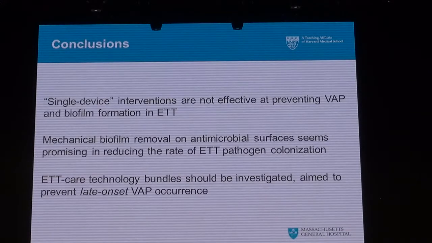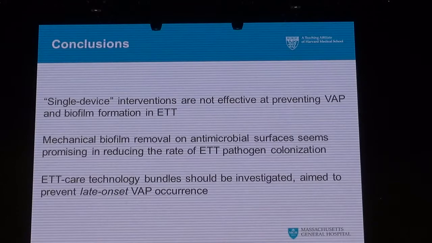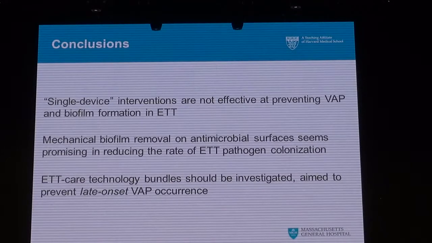In conclusion, I think that for now we don't have a single device or intervention that is effective in preventing ventilator-associated pneumonia and biofilm formation in the endotracheal tube. The only thing that has been shown was a decrease or a delay in ventilator-associated pneumonia, but not an avoidance.